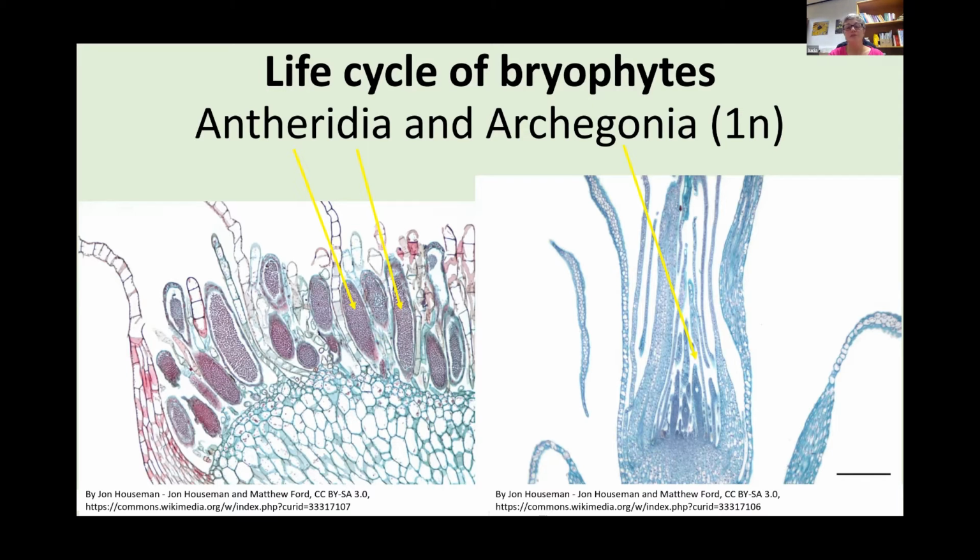The female bits are very difficult to see because they're often protected by perianth, which is basically modified leaves that envelop the archegonia. So in the field, it's extremely hard to see. The best picture I could get to show you what they look like was from a microscopic picture. On the right-hand side, you have the archegonia.